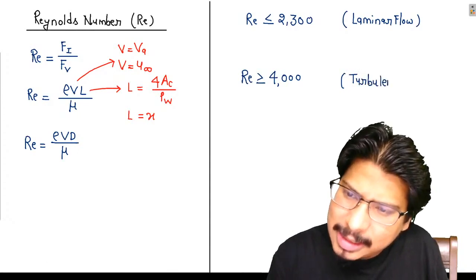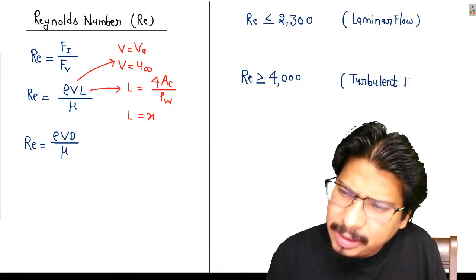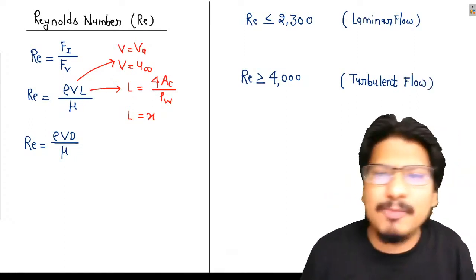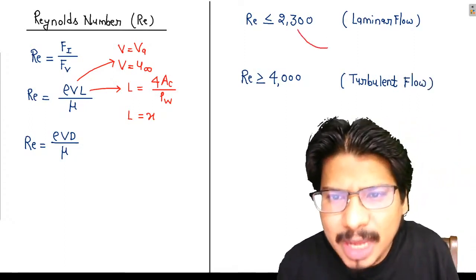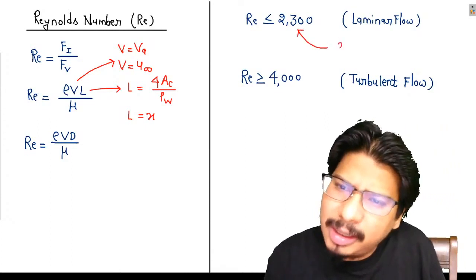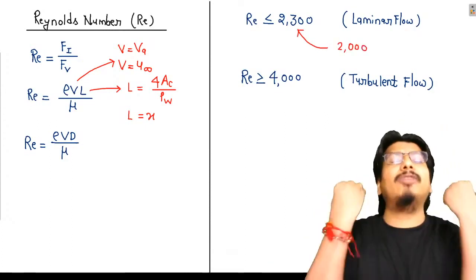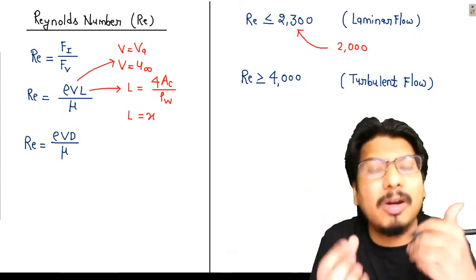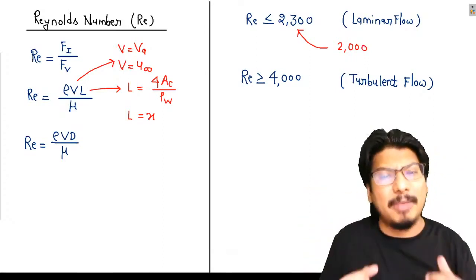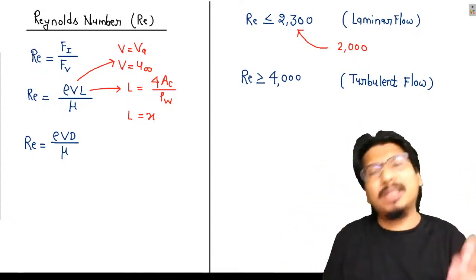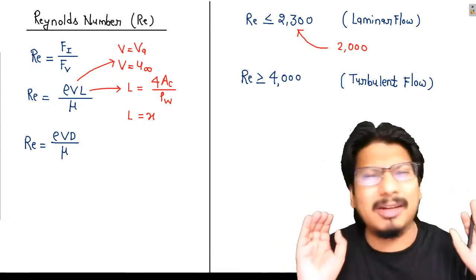Sometimes for easy calculation we assume 2300 is nearly equal to 2000. So most of the time you will see in books, if the Reynolds number is less than or equal to 2000, the flow is laminar, and if more than 4000, the flow is turbulent. In between you have the transition zone.